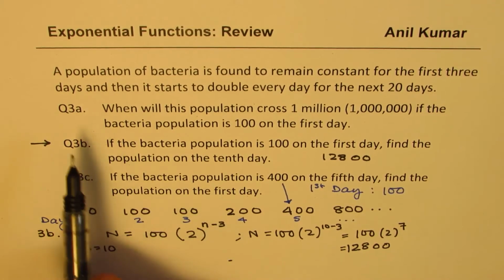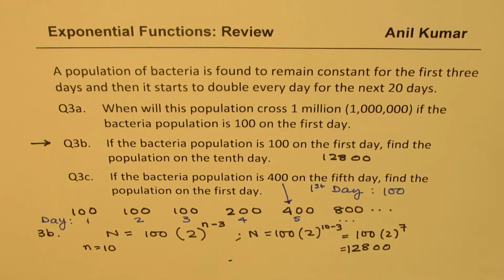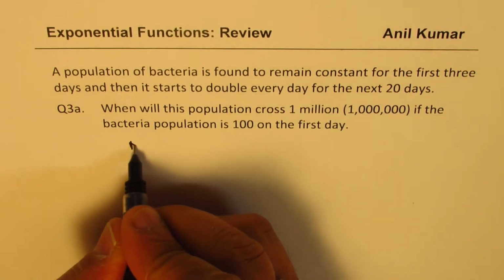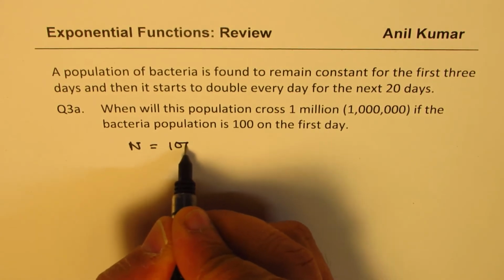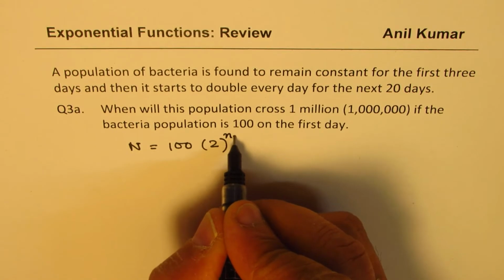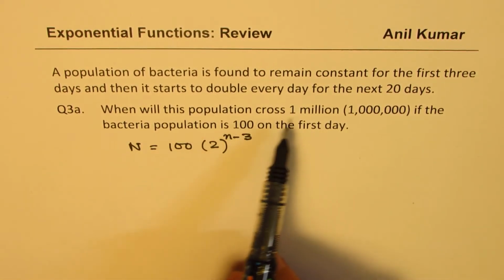Now, let us see how to find the solution for 3a, which is our major question. So let me take it on a fresh page. So our formula is N equals 100, the initial population, times 2 to the power of n minus 3. Now in this case, when will this population cross a million?